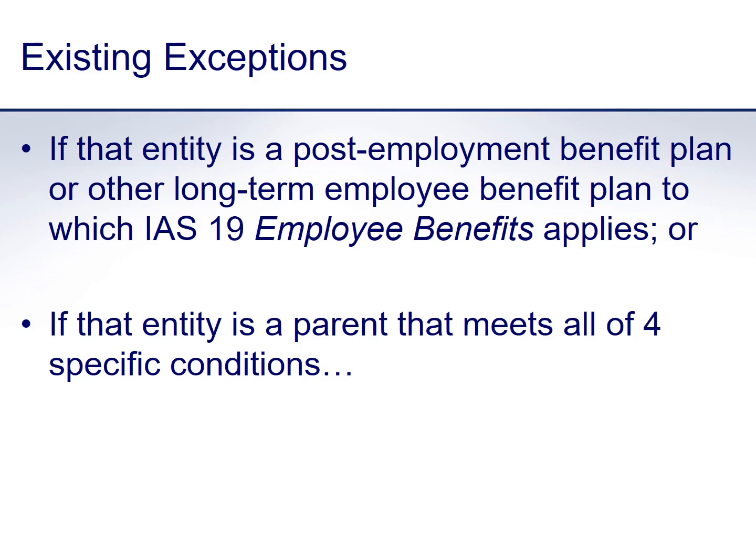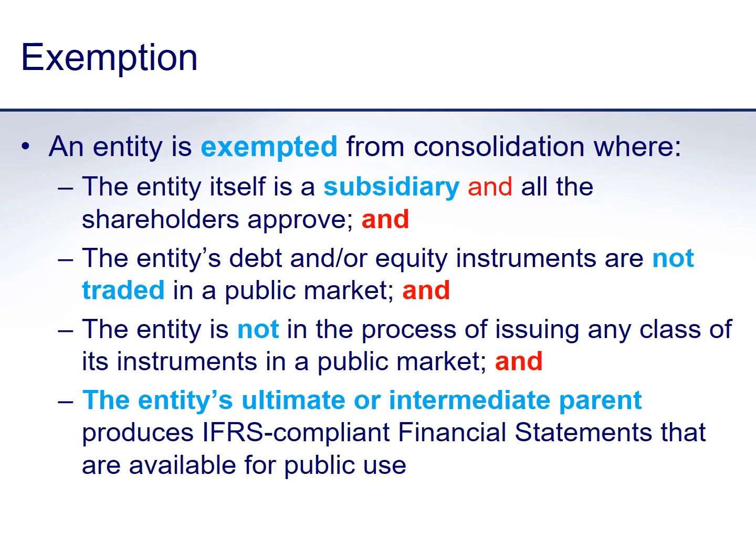The other general exemption, which was available even in the previous standard, was on a more general basis: provided the investor met 4 specific conditions, it would be exempted from having to produce consolidated financial statements. The 4 requirements are that the entity itself must be a subsidiary of another entity, and all of its shareholders must approve for the exemption from consolidation to be applied.